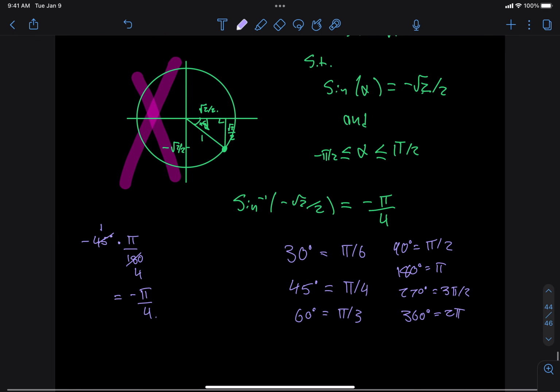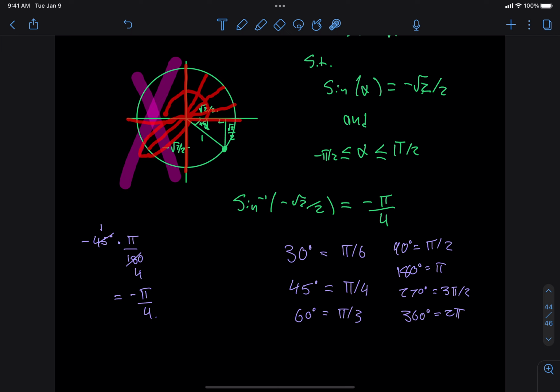Okay, so I just memorize a handful in this quadrant, and then I memorize the ones that go straight up, straight left, straight down, and straight right. Why? Because if I want to get the angle which is in the third quadrant, which looks like this, what am I going to do? I'm just going to take pi, which goes halfway around, and add to that an additional 45 degrees.